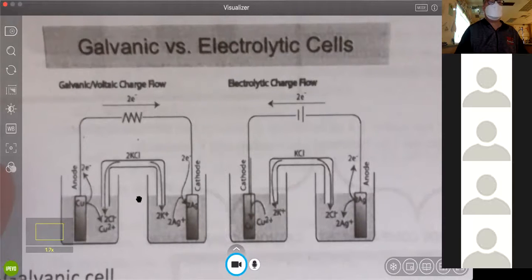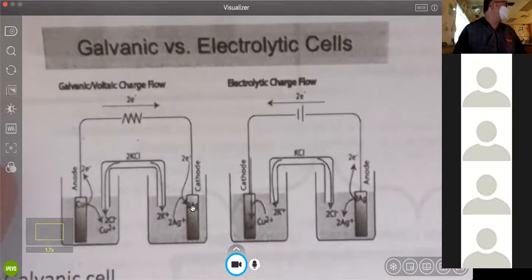The electrons are going to go to the cathode. So remember, when we look at the reduction potentials of these, reduction is gain. This silver is going to have a higher reduction potential than the copper. And we're going to get the electrons to go up onto this wire.